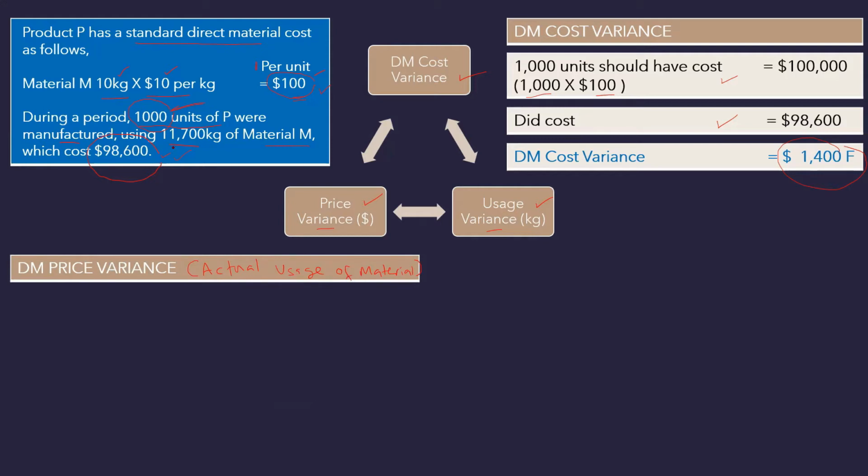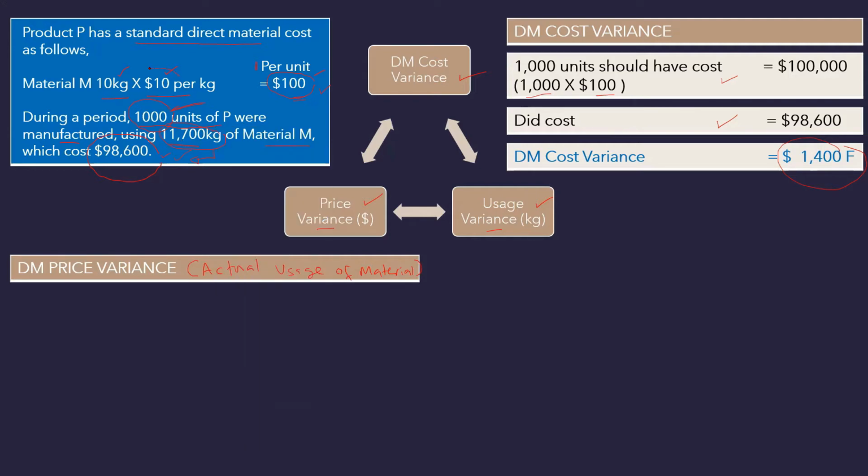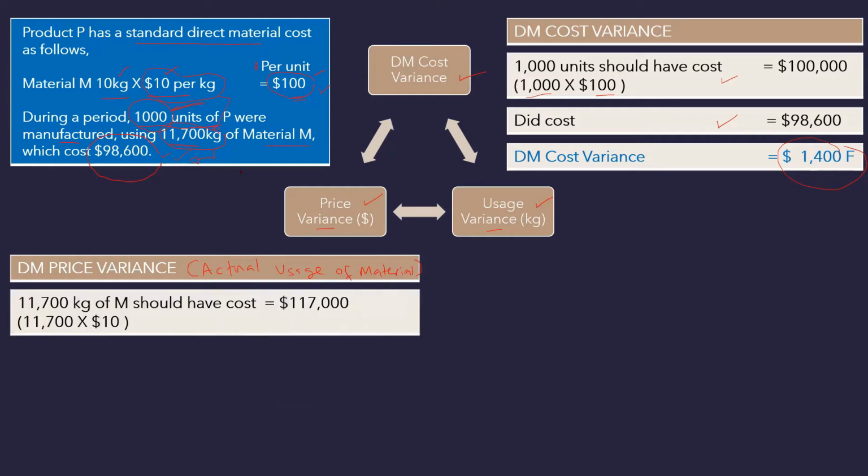So actually you consumed 11,700 kg. For that you incurred 98,600. Provided if you had used the standard rate, the standard or planned cost was 10 per kg, how much should you have incurred on this 11,700? So on 11,700 kg of material M should have cost 11,700 times 10.